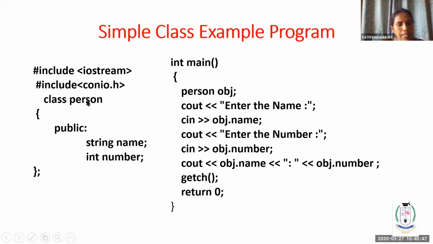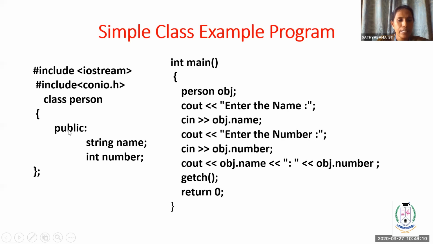Recollect the syntax of creating the class, then you will be able to get this. So specify class, which is a keyword, and specify the class name. The class name is a user-defined name. Any name you want you can give. Here we are going to create the person class. So under the class, your class body is started. Once the body is started, you start with the opening braces.